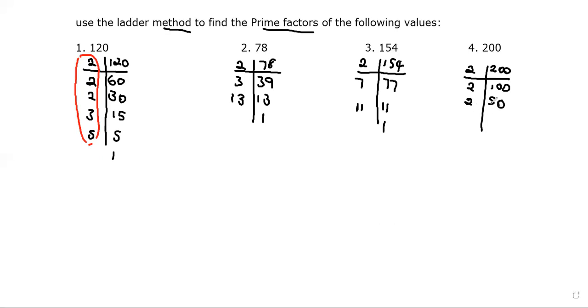So we write a 2 here. 50 divided by 2, you get 25. 25 is not divisible by 2, not by 3, not by 7, but it can be divisible by 5. So 25 divided by 5, what do you get? Oh, sorry, 25 divided by 5, you get a 5, not a 1. Then 5 can only be divided by 5 because 5 is a prime number. So 5 divided by 5, you get a 1.